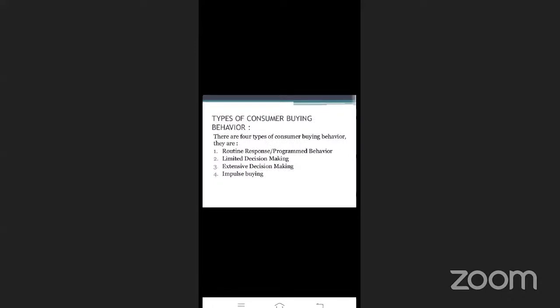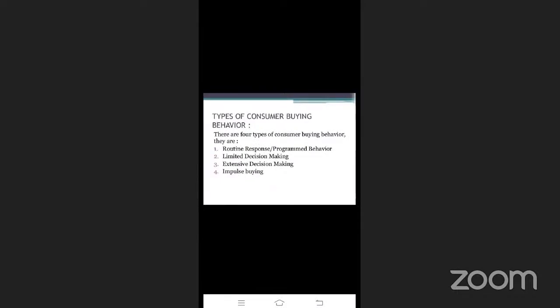Okay. These are the types of consumer buying behavior. There are 4 types of consumer buying behavior: routine response or programmed behavior, limited decision making, extensive decision making, and impulse buying.